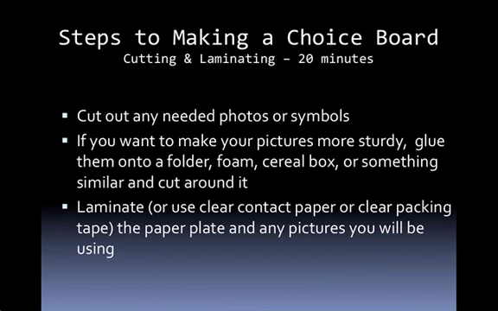As always, if you don't have cardstock, or if you need to make your items that you've printed more sturdy, then you can glue them onto something else and cut around it. You also need to laminate your items. So if you don't have a laminator, don't worry about it. You can use contact paper, packing tape, anything that you would like to laminate with in order just to make it more sturdy. You can go ahead and do that now.